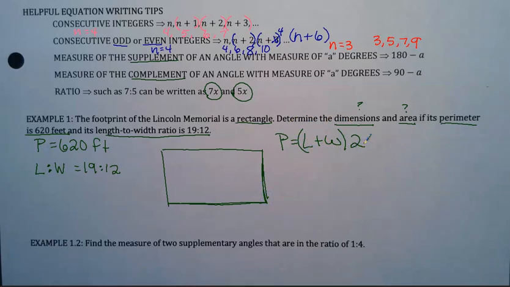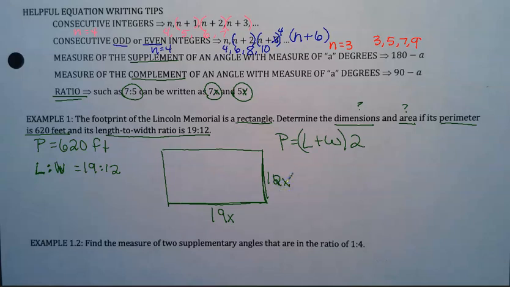But we don't know the length and the width. We do know the length to width ratio is 19 to 12. When we have a ratio, we can add the x to it and split them up. So our length is going to be 19x and our width is going to be 12x.